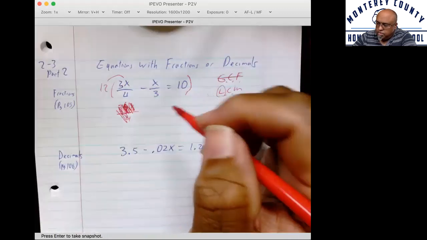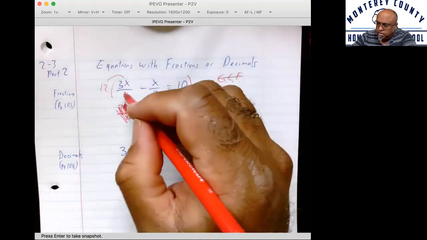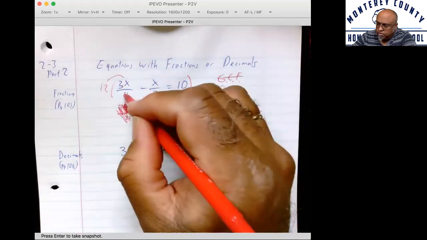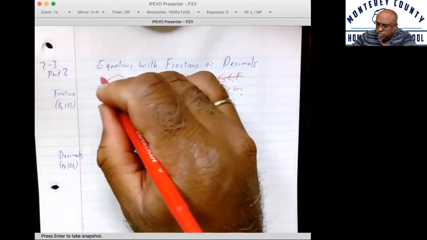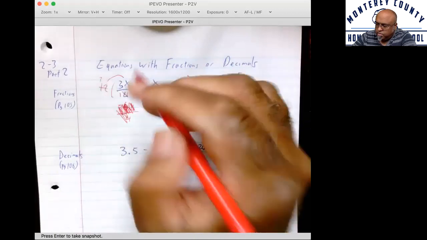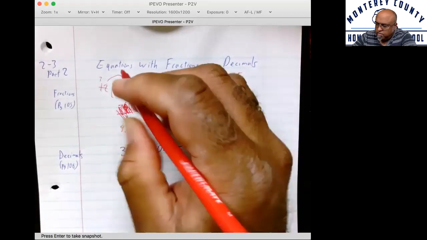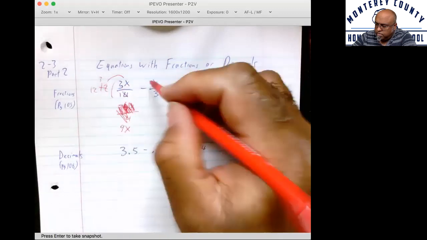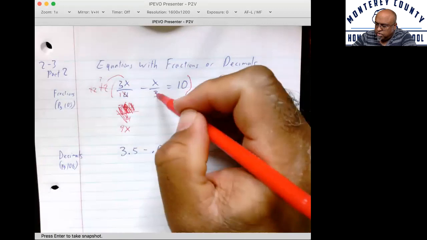Here's what I'm going to do. I'm going to eliminate the 4 because I have 12 and 4 here, so I can reduce that to 1 over 3. So 3 times 3 becomes 9. So now I have 9x. Now, if I take the same 12 and do the same thing here, I would cross out the 3.